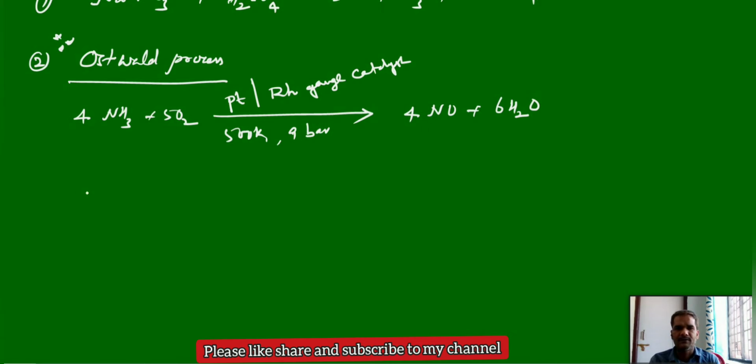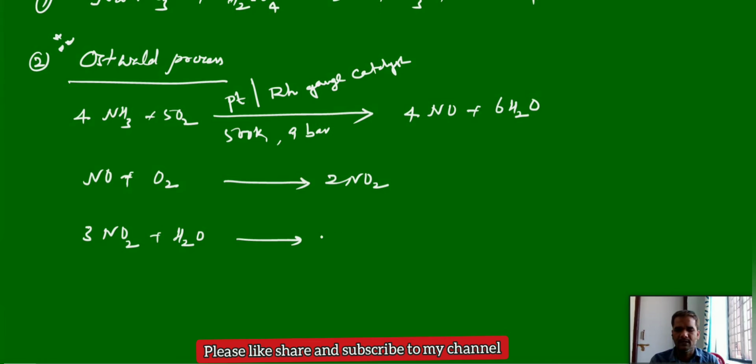And the next one, after getting this nitric oxide, it can further undergo oxidation. You will get nitrogen dioxide, nitric oxide to the nitrogen dioxide. And this nitrogen dioxide in the final step can hydrolyze and will get finally nitric acid and releases nitric oxide.